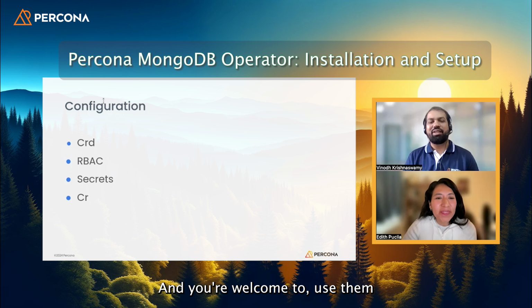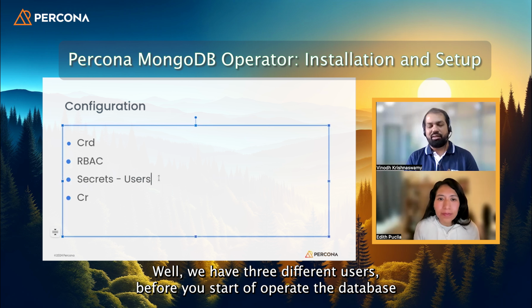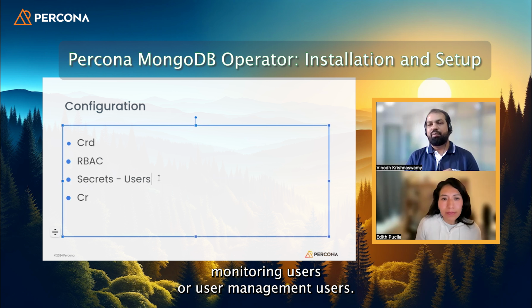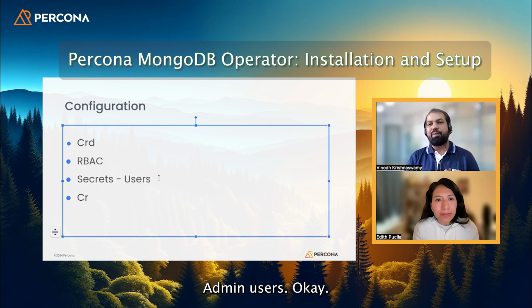Here we are going to maintain our users. For example, we have predefined users before you start our database, like backup users, monitoring users, user management users, and admin users. These users are available as secrets.